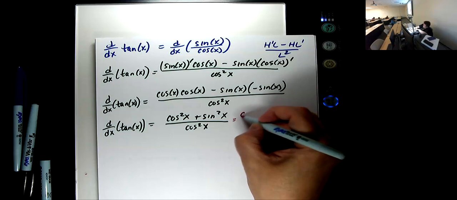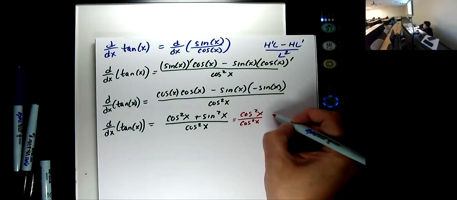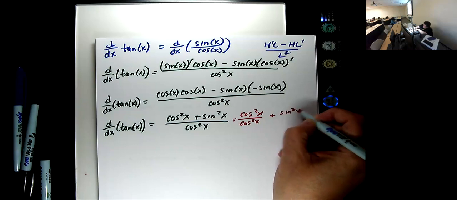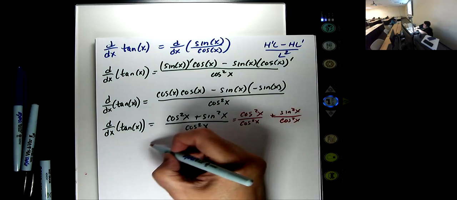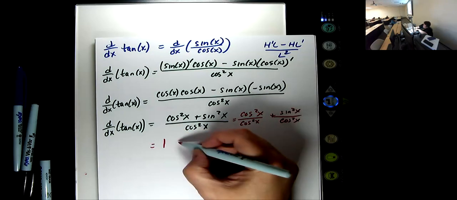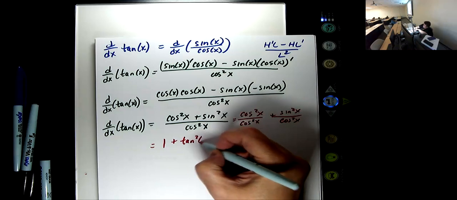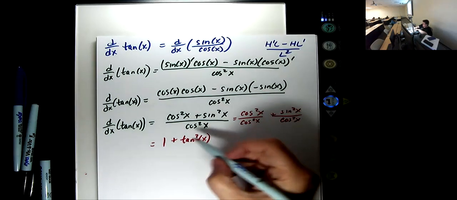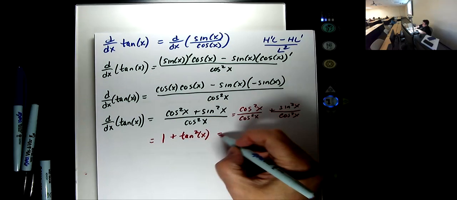This is going to be cosine squared x over cosine squared x plus sine squared x over cosine squared x. And we could definitely make that a 1. So I've got 1 plus effectively tangent squared x. And you probably don't remember them, but that is secant squared x.